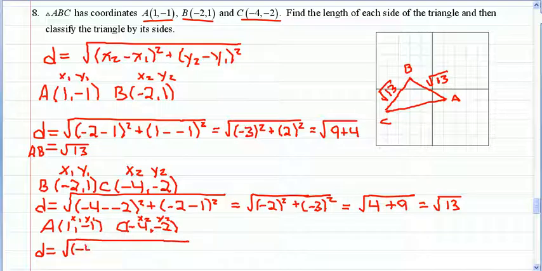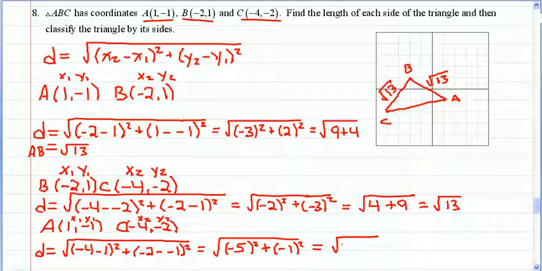So I have negative 4 minus 1 squared plus negative 2 minus negative 1 squared. I'm just substituting the points into the distance formula. Negative 4 minus 1 is negative 5. And negative 2 minus negative 1 is negative 1.